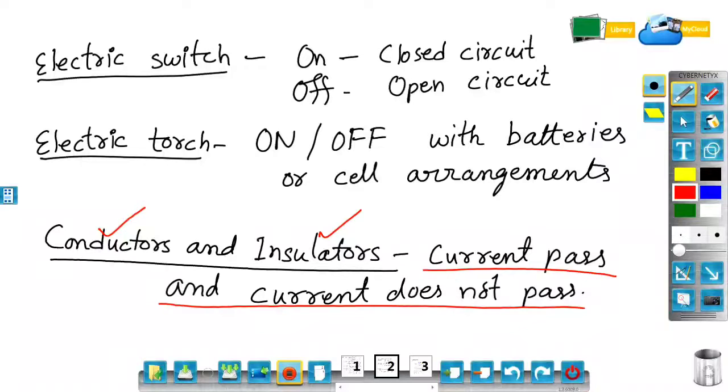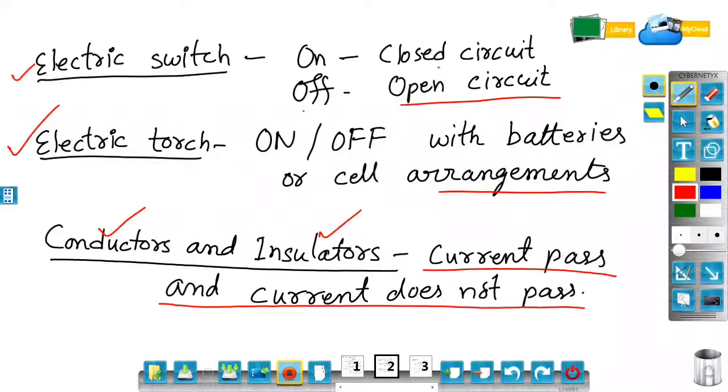Conductors are copper, graphite, steel, and insulators are wood, plastic, glass, etc. Here the electric switch and electric torch are given, and you will see that on is closed circuit, off is open circuit, and on is with the batteries or cell arrangement. The torch works in on and off mode, and it is an arrangement of cells.